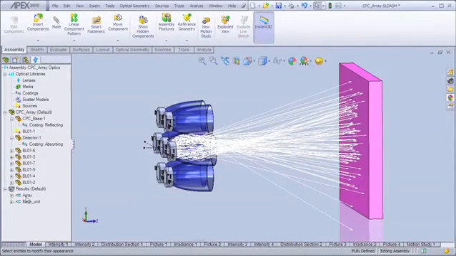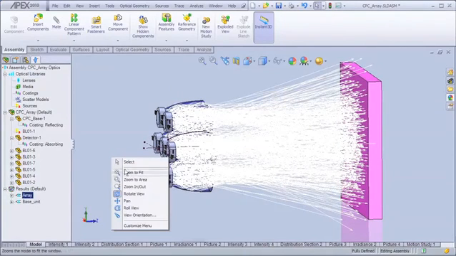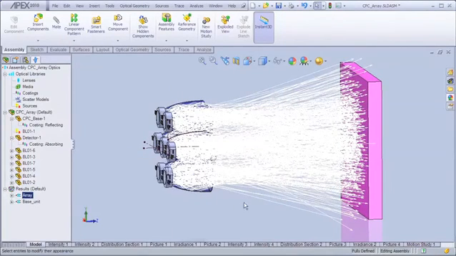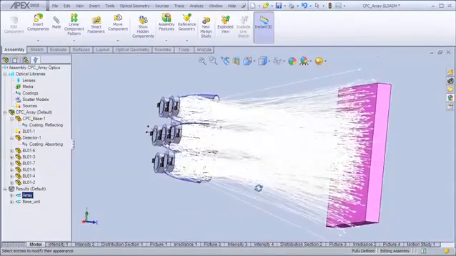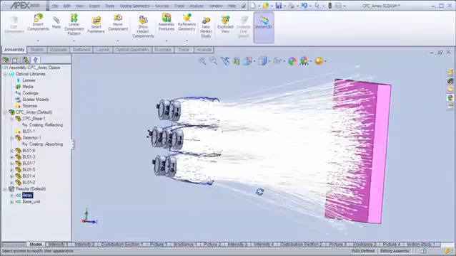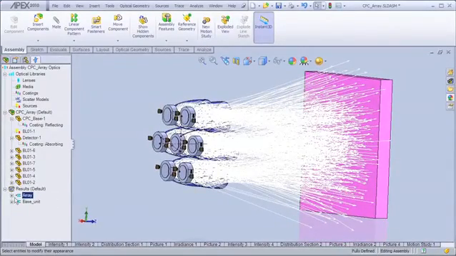Here we already have the data stored, so let's take a look at the ray trace graphics. And again, each of the CPCs will have a distribution of energy. Each CPC is designed to have the 30-degree cutoff angle. You can see my detector is a little small to capture all of the rays, but we'll still be able to get good analysis.